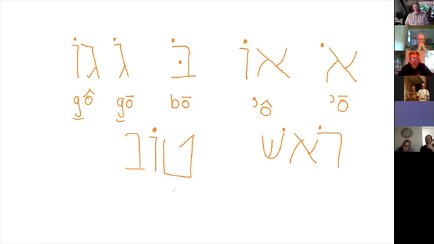This is the word tov, or good. So this is Rosh, from Rosh Hashanah. Like this. This is spell. I just spell it out, not transliterate it.